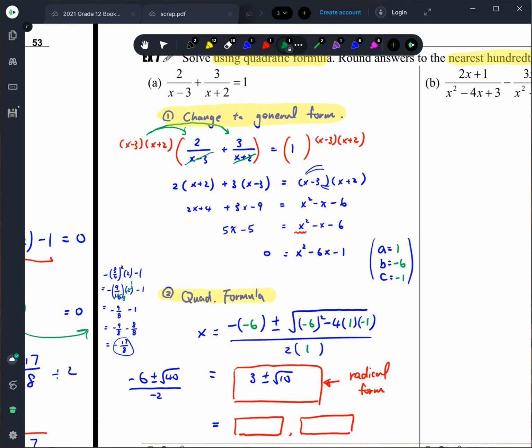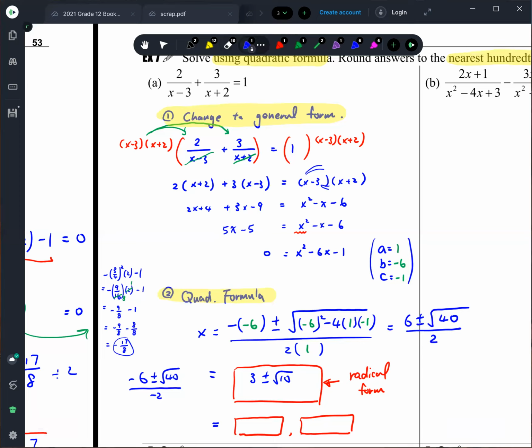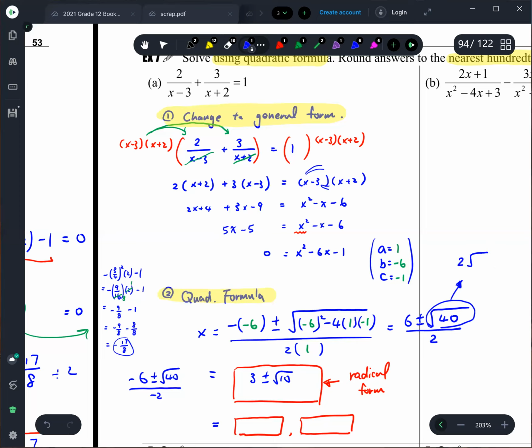Okay, and then if we simplify that, let's do it on the side here. It's 6 plus minus, and then this part will be root 40 over 2. The root 40 you can simplify. Factor the 40, and you can take out the 2 square root 10.